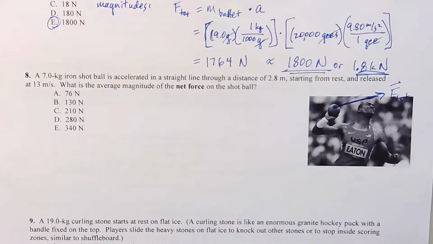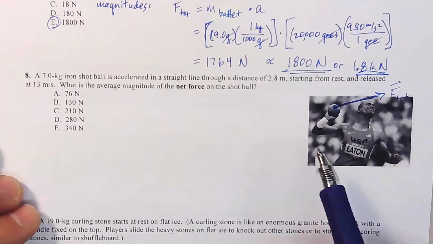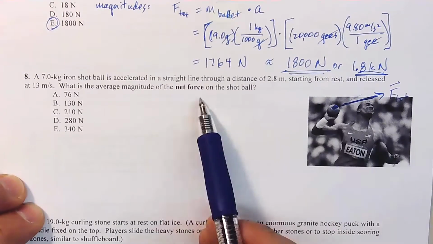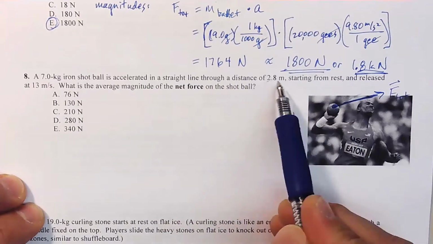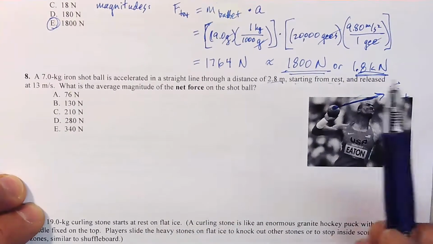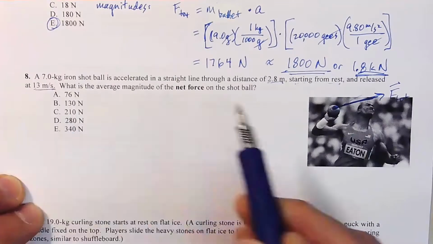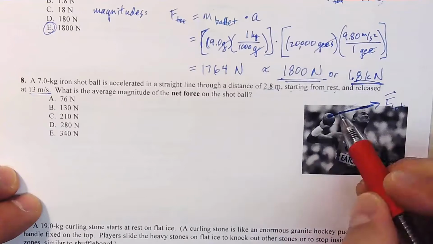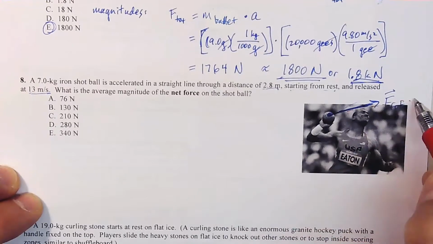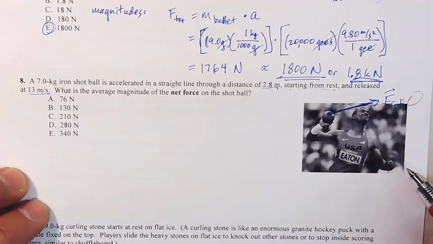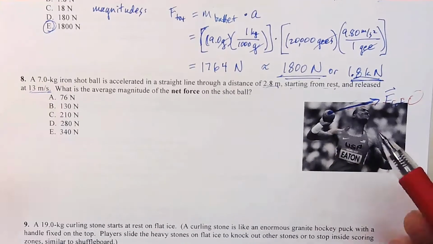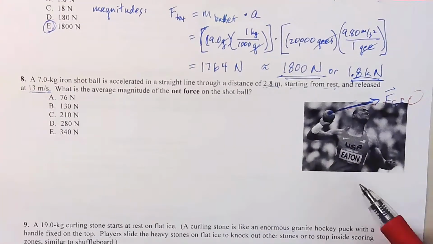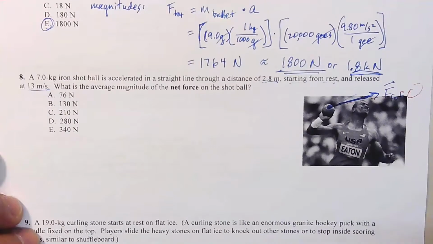So what is the magnitude of that net force if the athlete pushes through some distance of 2.8 meters, starting from rest, and ending up at a final speed of 13 meters per second? So suppose that there's some path through space that the big iron ball travels through. And in reality, the athlete's not going to push with a constant force exactly, but let's just assume that there's some average value of the force that is essentially equivalent to that constant value.